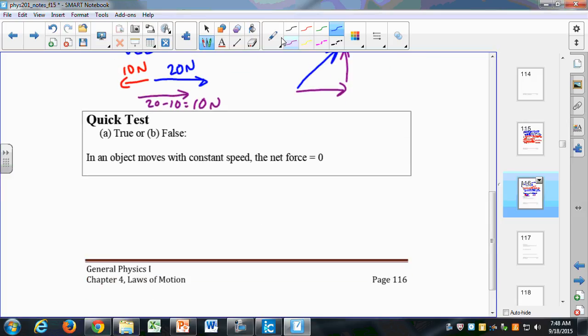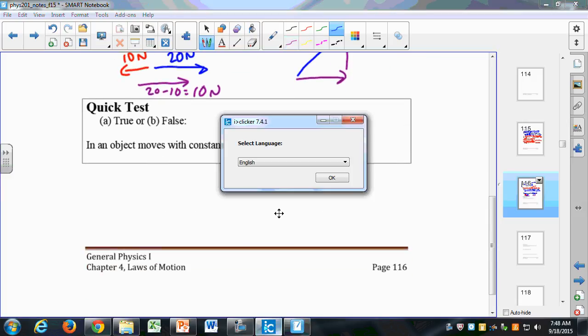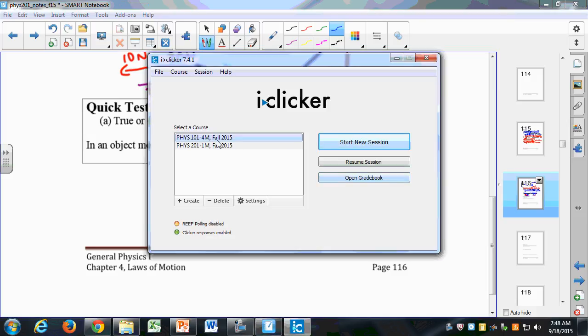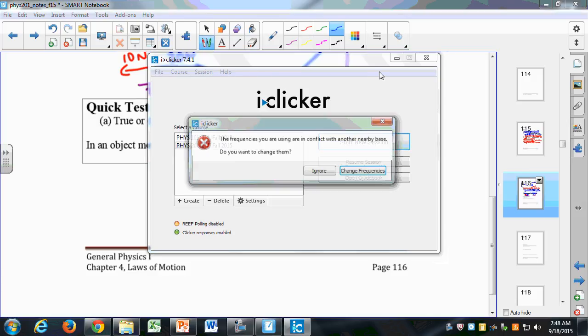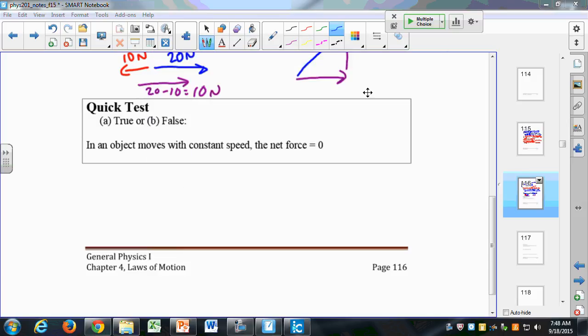All right, let's try these quick test questions. These are from multiple choice questions from old tests. True or false? If an object moves with constant speed, the net force acting on it is equal to 0. Is that a true statement or a false statement?